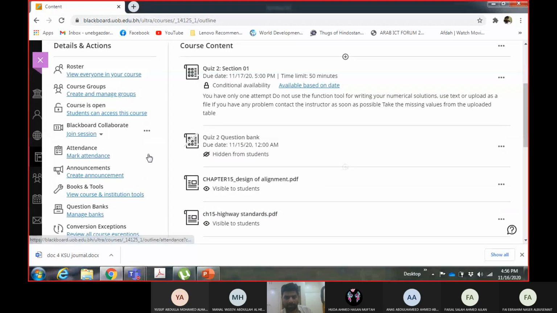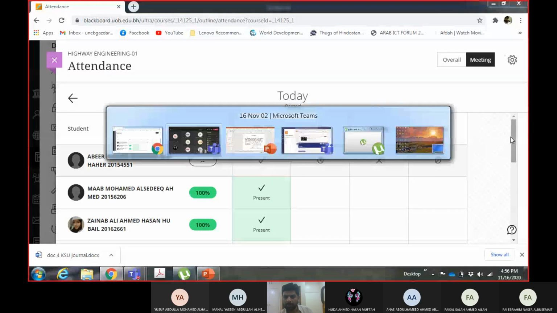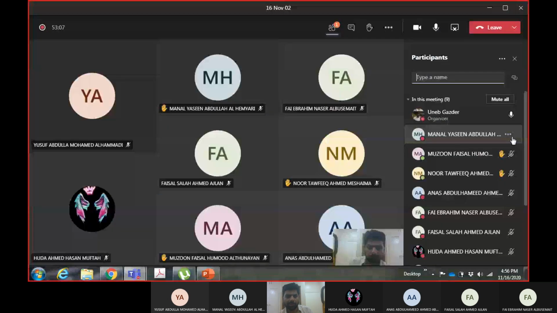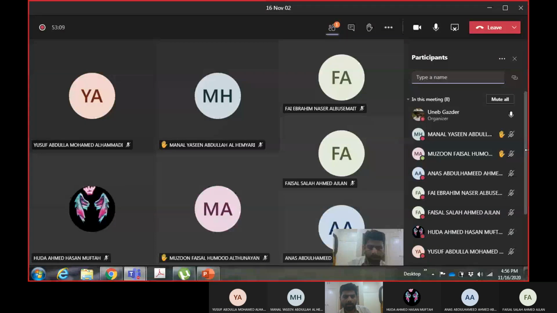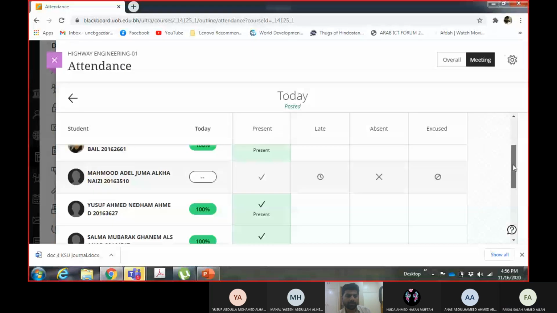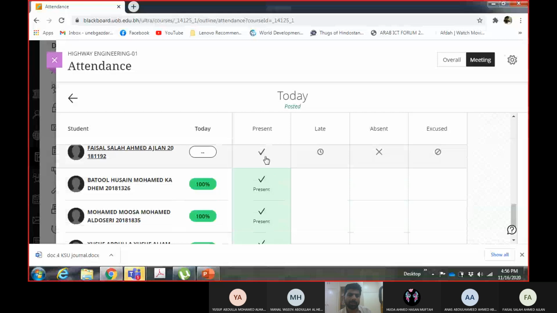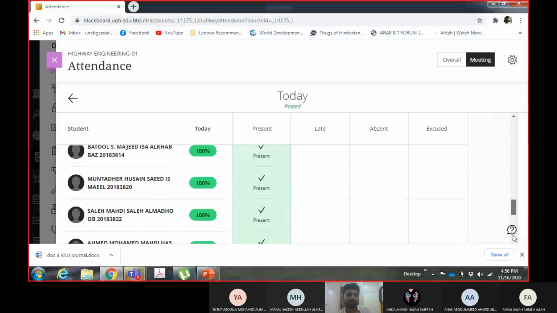People from section 2 can leave, or they should put down their hand. People from section 1, anybody from section 1? Dr. Anas. Faisal Salah, section 1. Faisal Salah and Anas, right? Faisal Salah, done. And Anas.